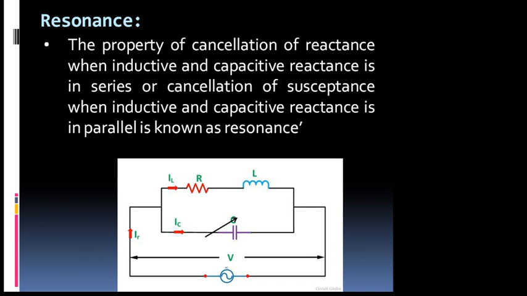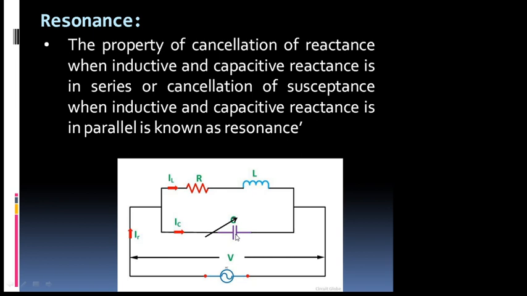Resonance. The resonance circuit is given over here. A parallel resonance means L and C are in parallel combination. This LCR circuit is parallel, meaning R and L are in series and the capacitor is in parallel.